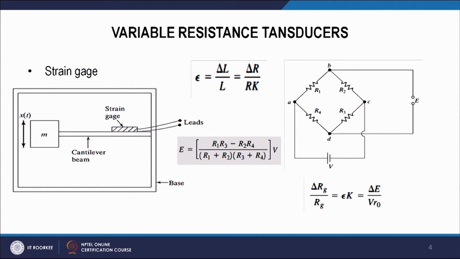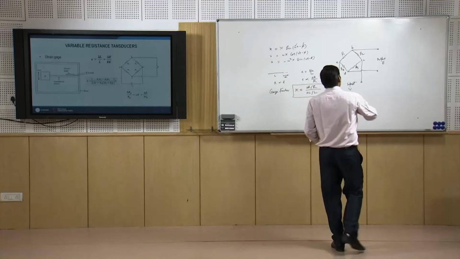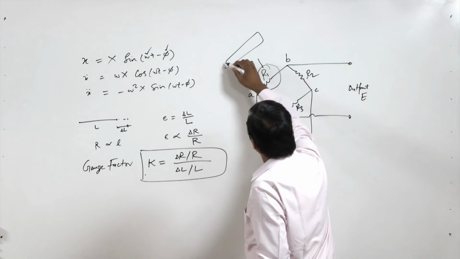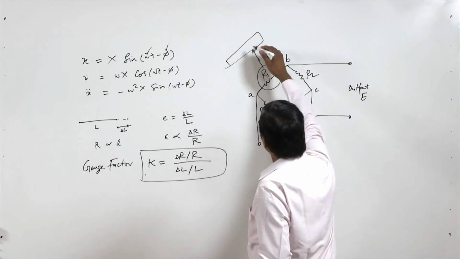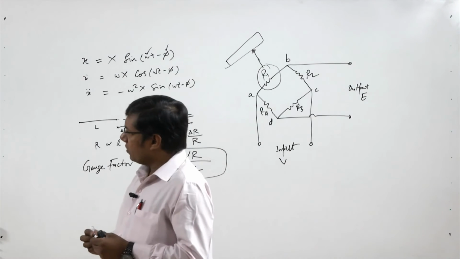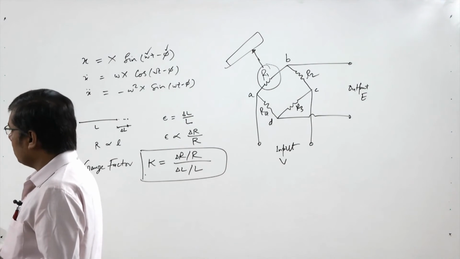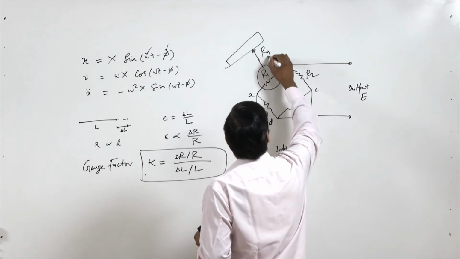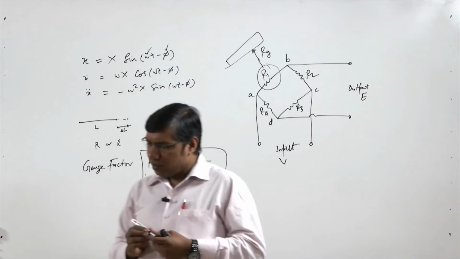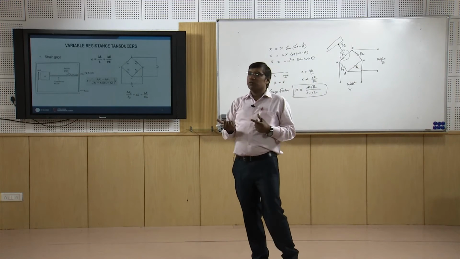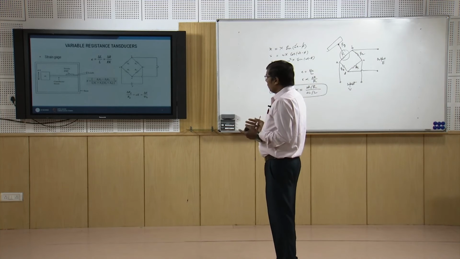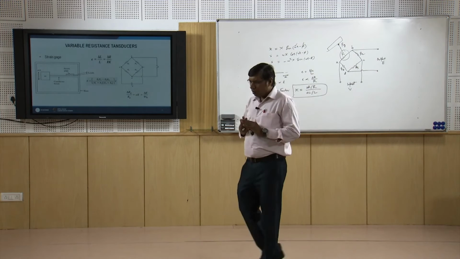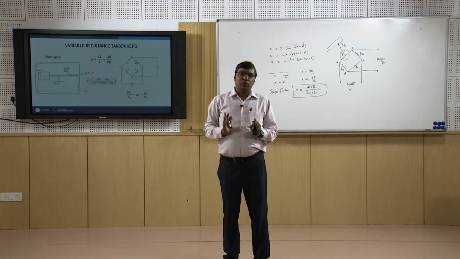When we use this bridge, let us say R1 is the strain gauge that we apply for vibration measurement, attached on some cantilever, and we call it Rg, because it is the gauge resistance. This is the main strain gauge that is attached to the structure, others are not attached. When our bridge is balanced, there is no voltage E, so E is 0.